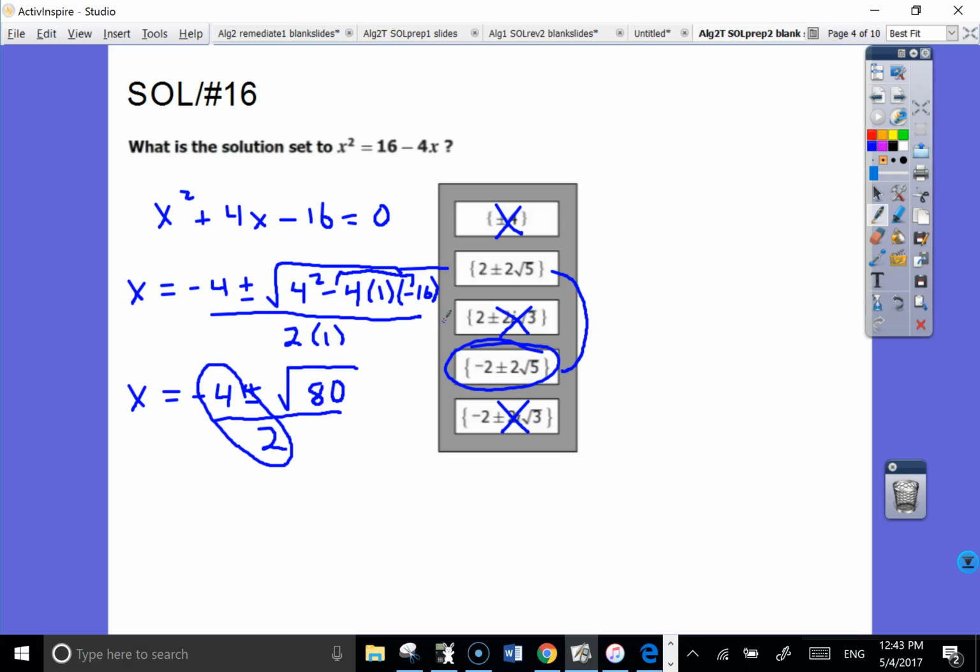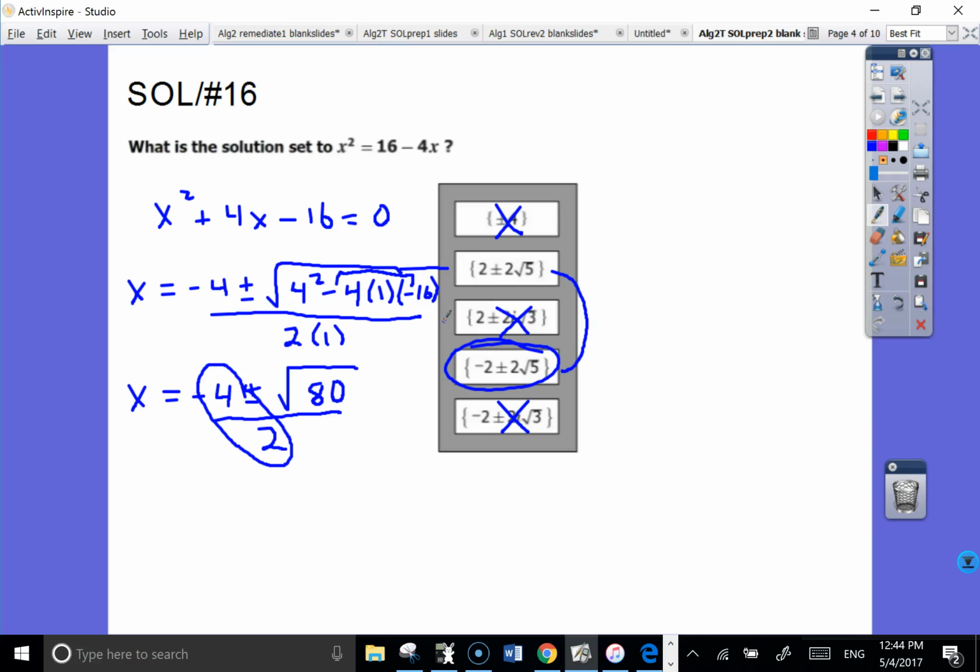Now, if you did that in the calculator with the app, I would have to go to apps, 8 for most of you, and then 1 for polynomial root finder. You want the order to be 2, and let me make that real. Most of them probably are going to come up on real. And then you're going to go next.